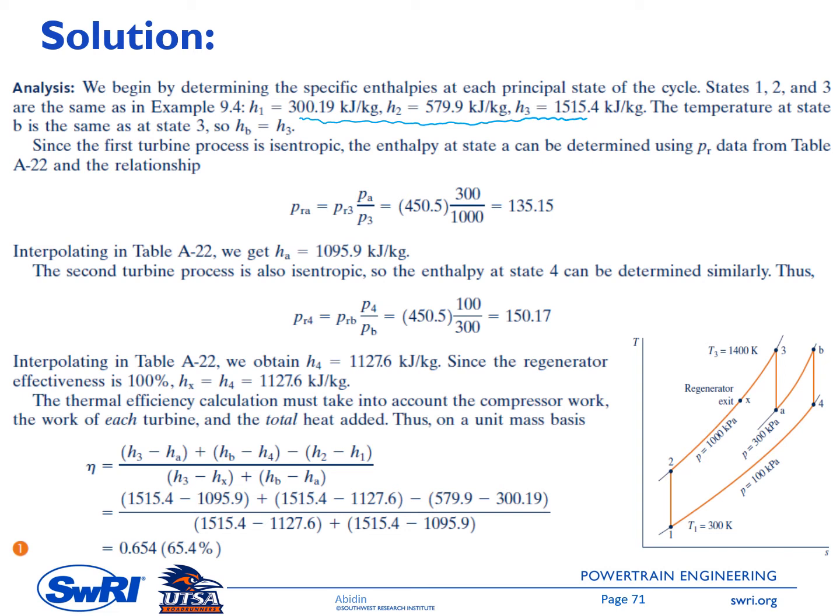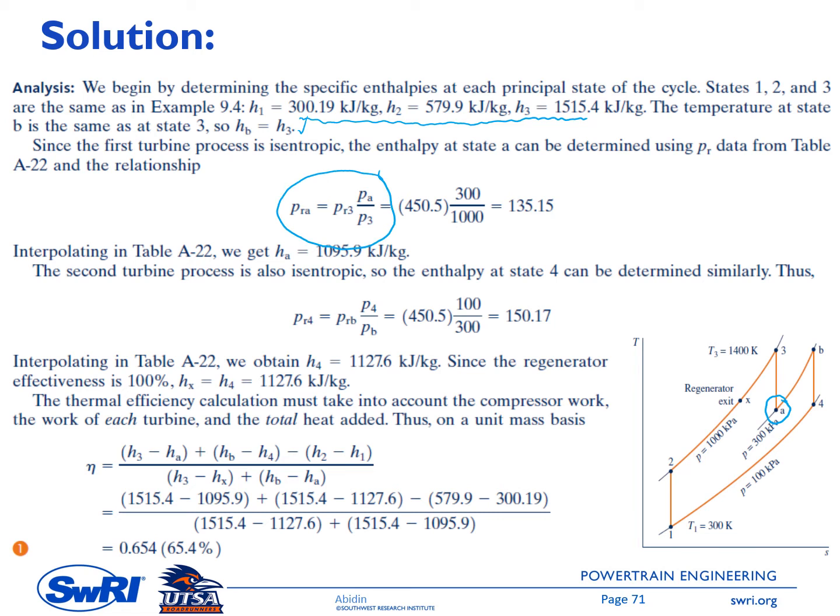And then the temperature at state B equals the temperature at state 3, so it means hB equals h3. Okay, and then to calculate the properties at state A, which is at the exit of the first turbine, we can use the isentropic correlation.